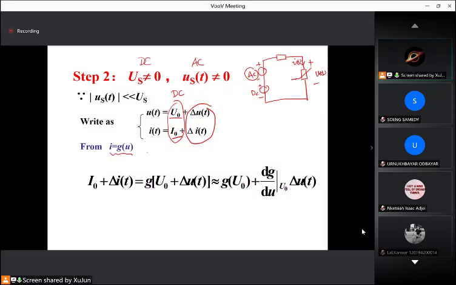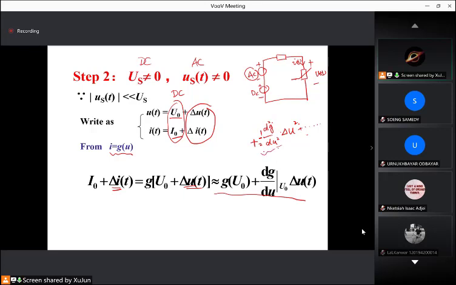This function is the VCR function of the nonlinear circuit. From the Taylor series, I equal to G(U), so I0 plus delta I equal to G(U0 plus delta U), and the Taylor series should plus dG/dU times delta U, plus second order one half times delta U squared, and plus higher order terms.